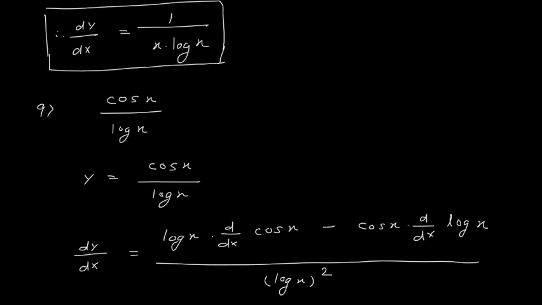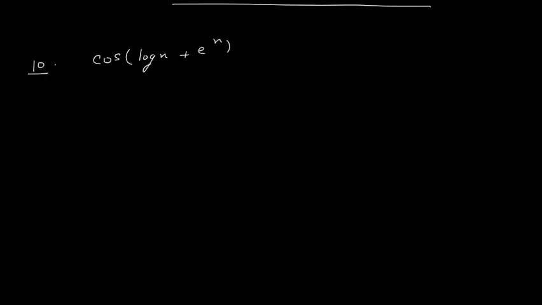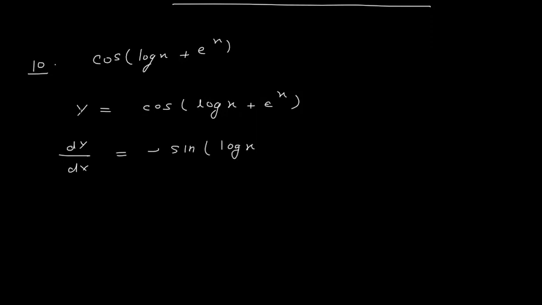This is 9th question. Now the 10th problem is y is equals to cos of log x plus e power x. So here we will differentiate. We will get dy upon dx is equals to derivative of cos is minus sine. So it is minus sine. In bracket we have log x plus e power x.